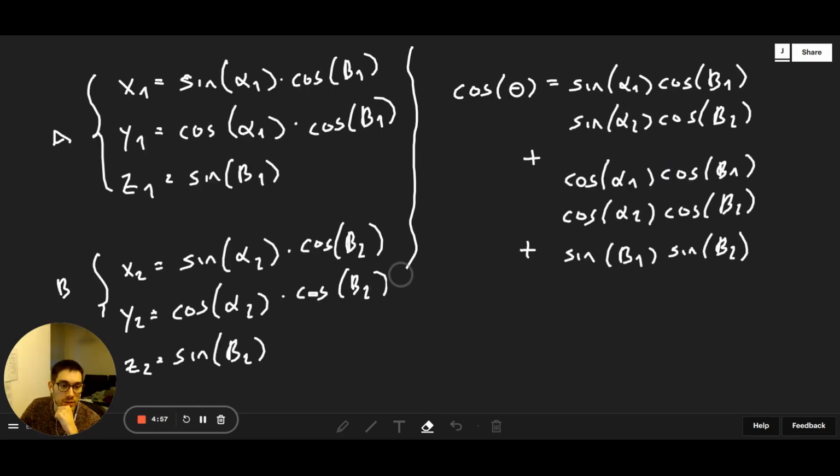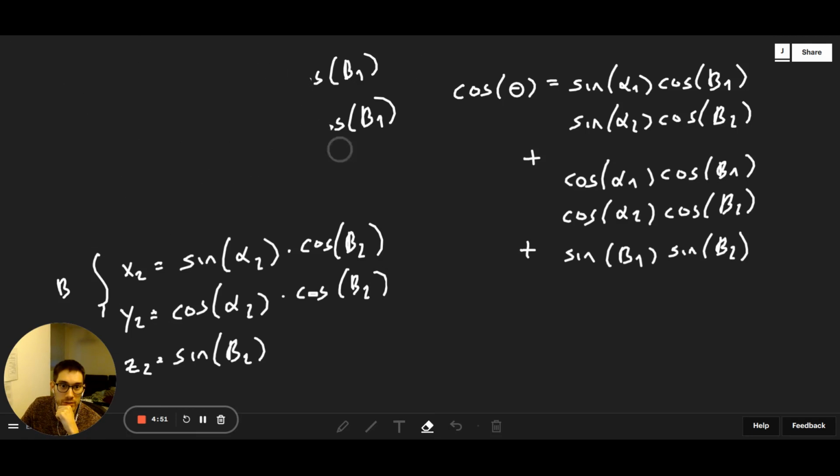Before doing the factorization, let's remove the definition of the points here to have more space.